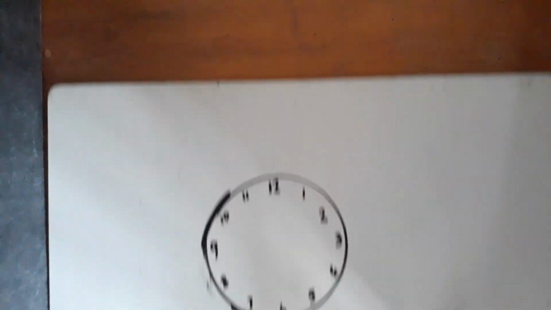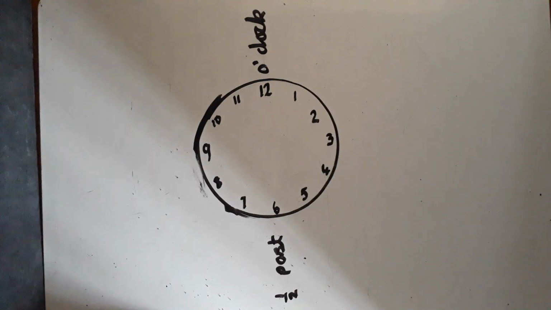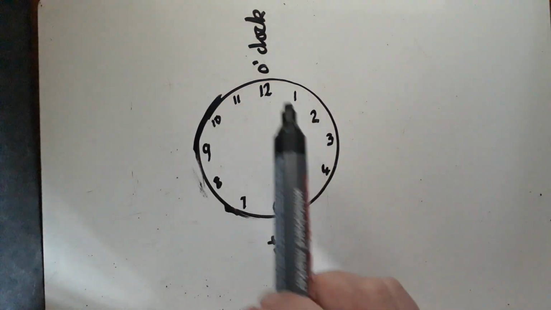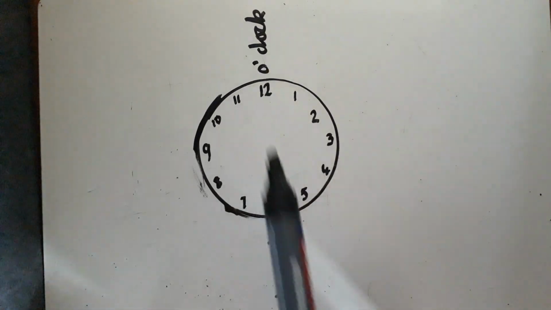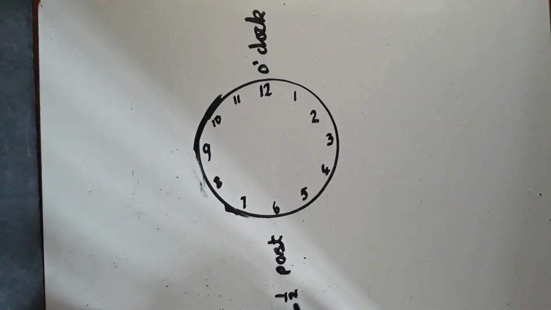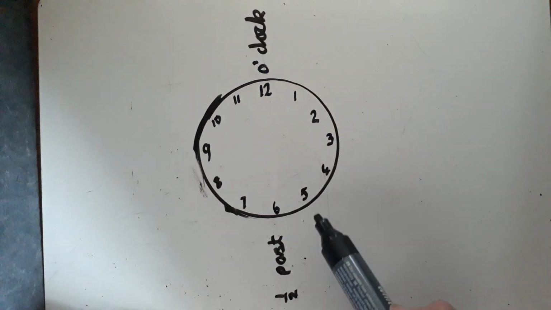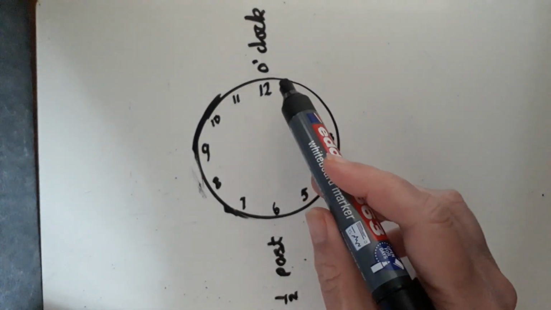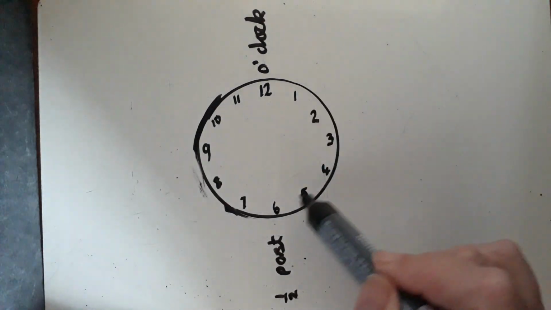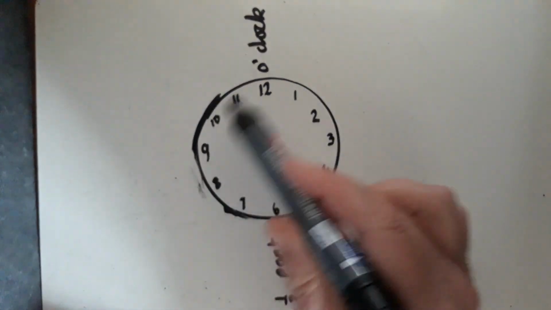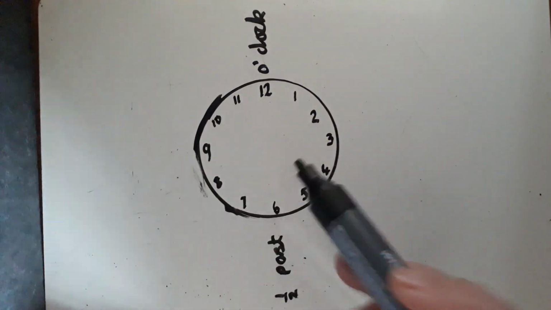Okay, so there we can see we've got the o'clock, and I've also added the half past. Now, people tend to understand the language around this side but get confused around some of the language around this side.